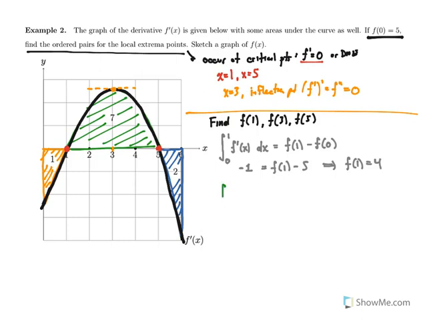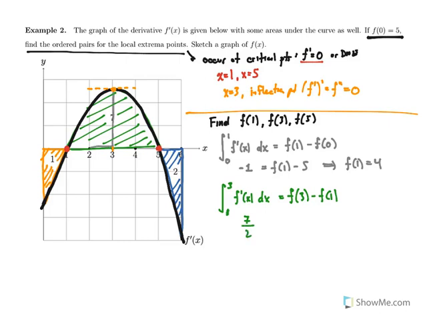To find f of 3, we could do the integral from 0, or how about from 1 to 3, is going to be f of 3 minus f of 1. And this area is going to be half of that parabola. It's going to be about that, I should say. That area is going to be 7 halves.